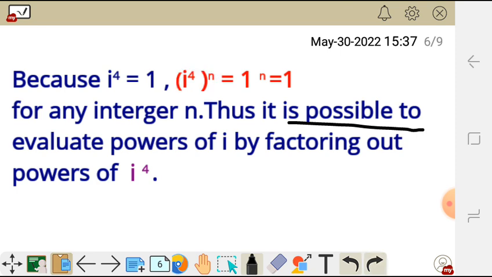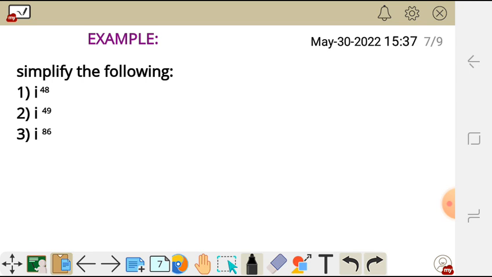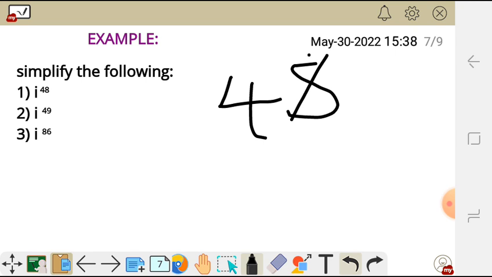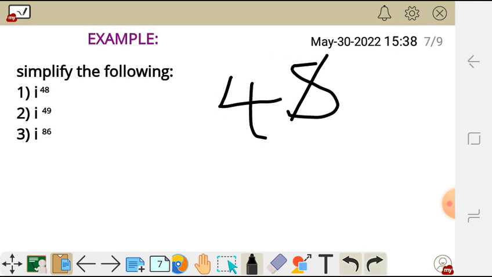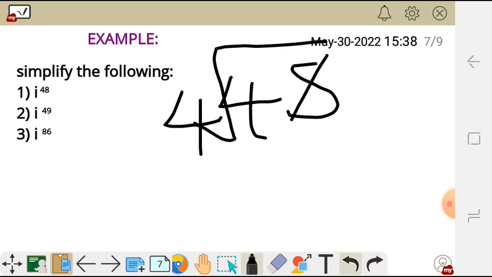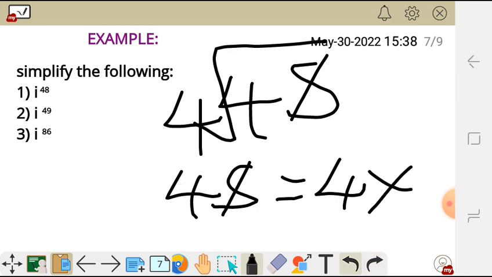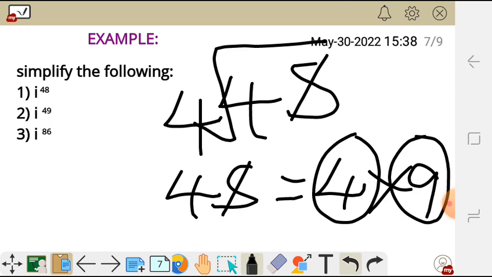What we do first here is we get the power, which is 48, then we divide this power by 4. 4 into 48 is 9, meaning 48 is equal to 4 times 9.